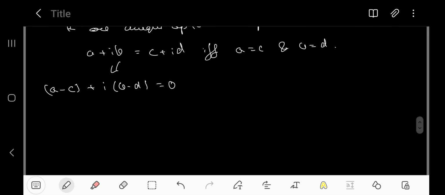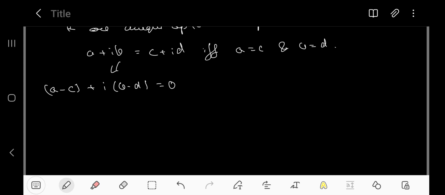So having done this, we can say that the 0 element in C will be obviously when a and b both are 0, right? Furthermore, notice that C is a field with respect to operations which have been dragged down from the field R only. Okay, so C has the operations of algebraic addition and algebraic multiplication of R itself, nothing else.